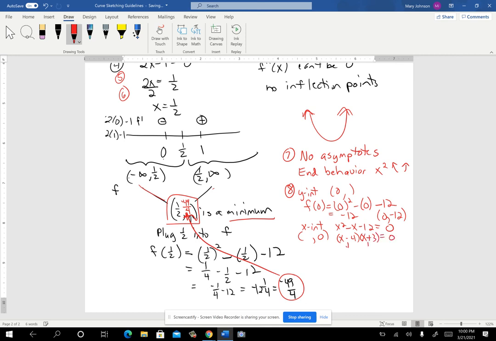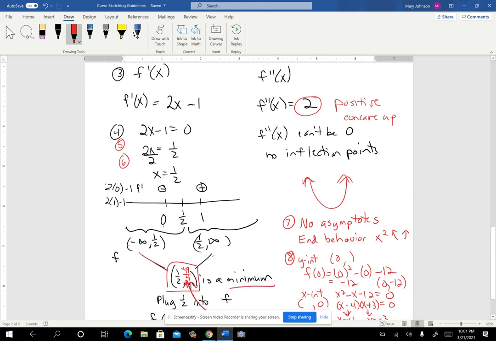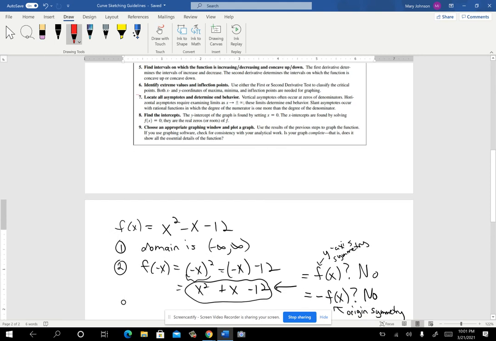Set those equal to 0, and you're going to get that x equals 4 or x equals negative 3. So your x-intercepts are at (4, 0) and at (-3, 0). Now that information is going to be put together with the fact it's concave up. We also know the minimum value, so we can get everything plotted real well. And the last job is now to get this thing graphed.